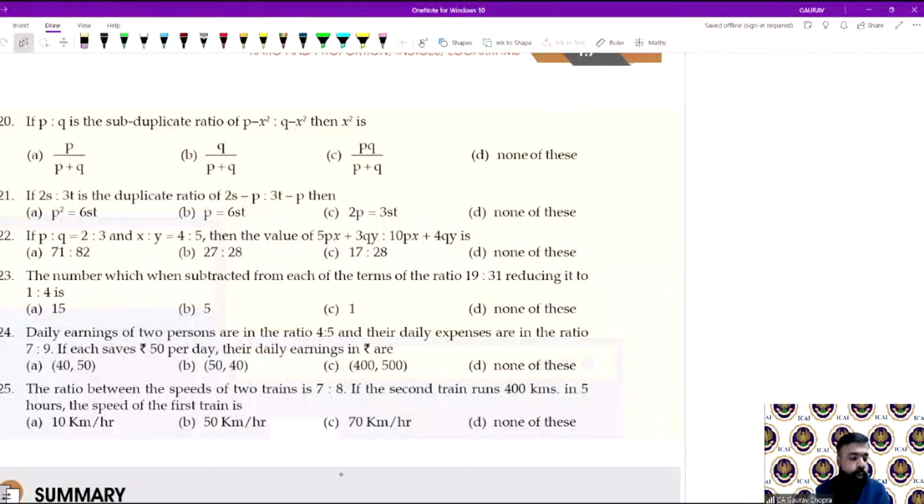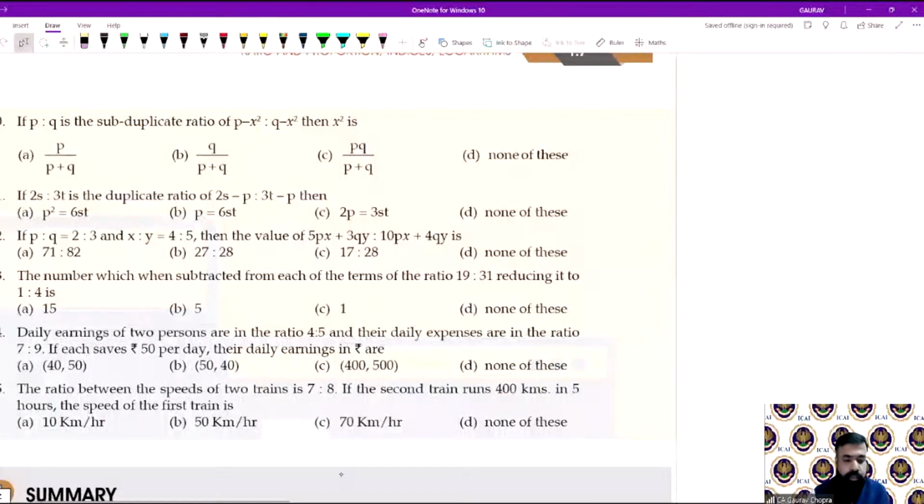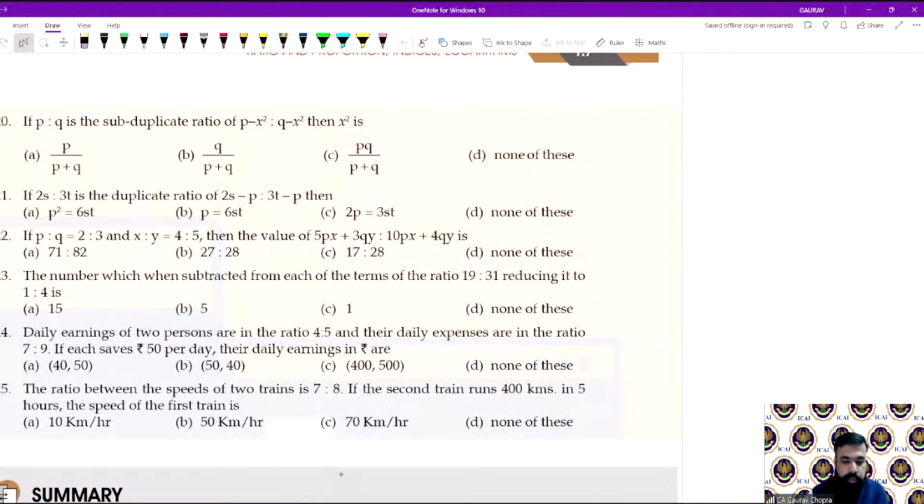So we can write the first situation as P by Q, and on the other side P minus x square upon Q minus x square.